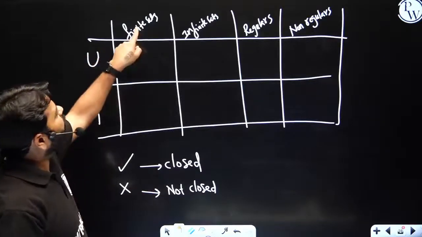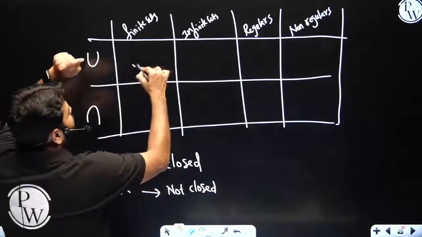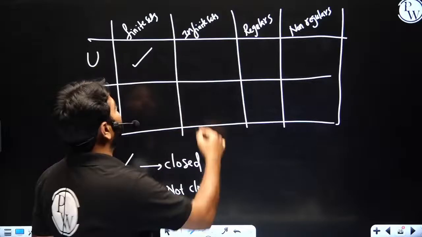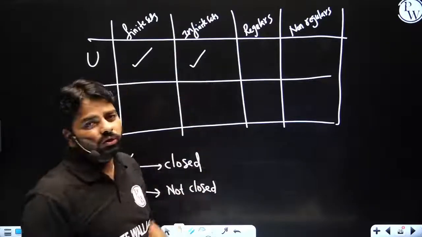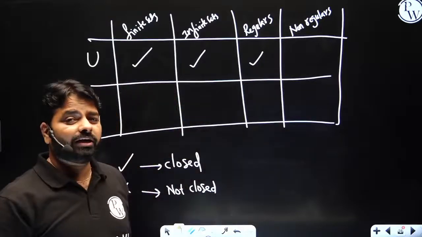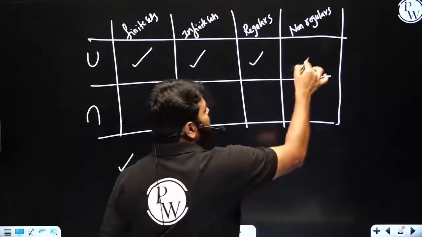Union of two finite languages is finite, so closed. Union of two infinite languages results in infinite, so that's why it's closed. Union of two regulars is regular. Union of two non-regulars, we have seen, need not be non-regular, so it is not closed.